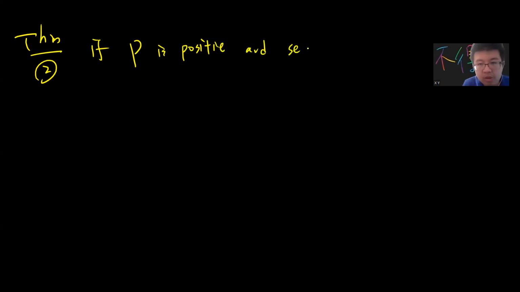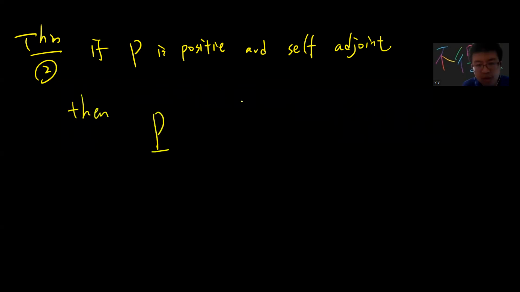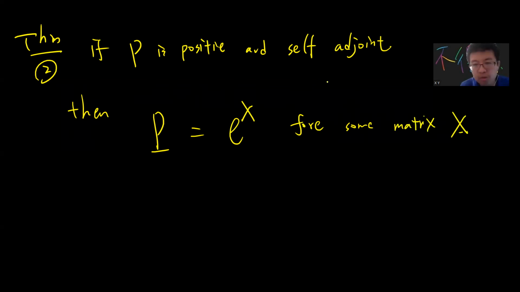And then there is another theorem, theorem 2. If P is positive and self-adjoint, then P can be written as exponential x for some matrix x, and this is also unique.